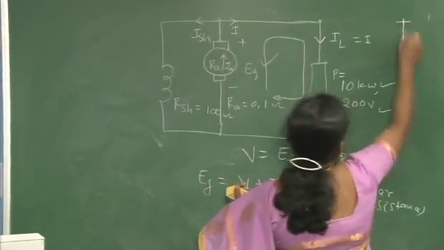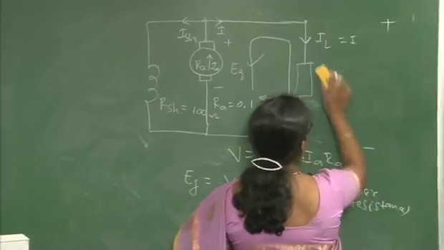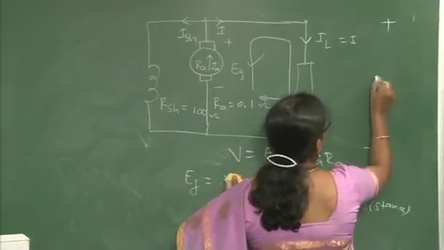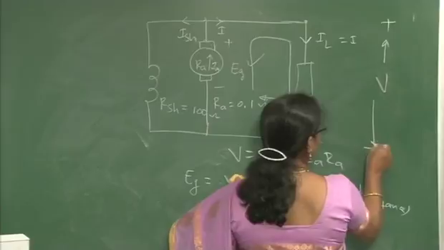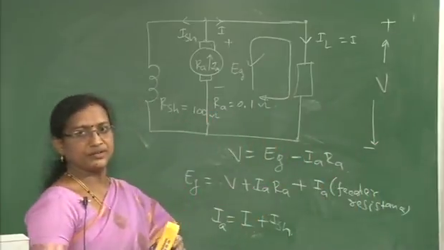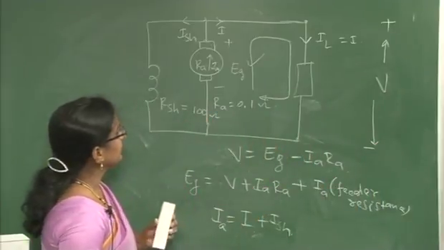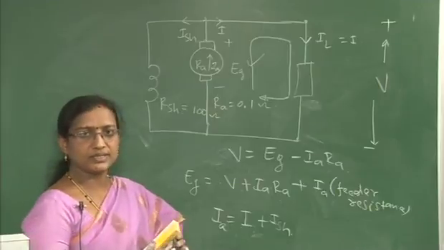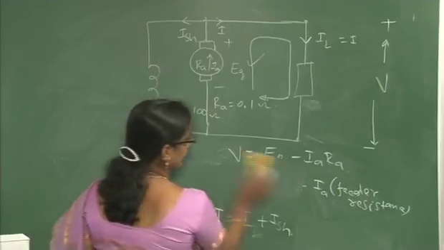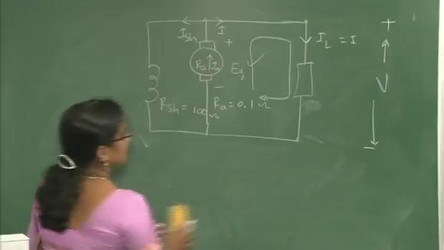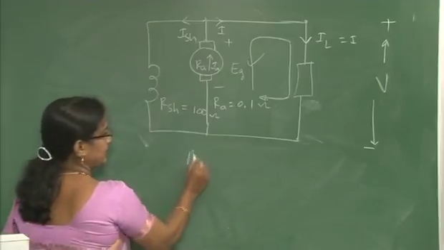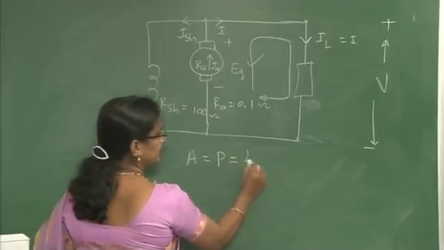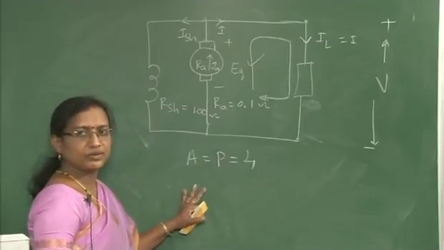Now this is the terminal of the shunt field generator. The values given in this problem: A is equal to P, the number of poles, that is equal to 4.